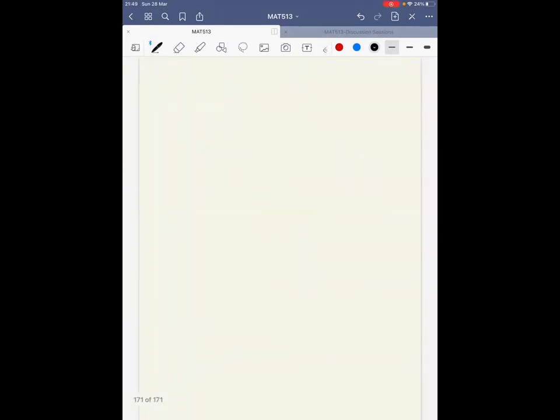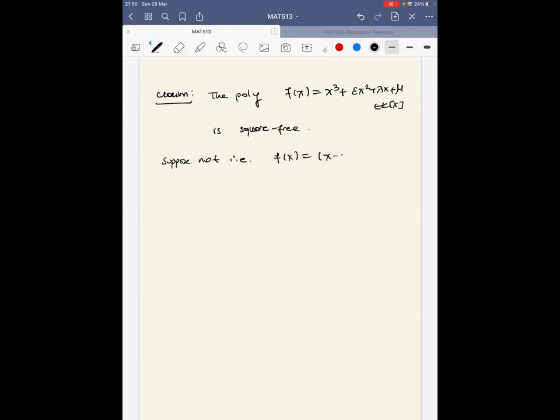And our last claim is that the polynomial we have derived, x cubed plus epsilon x squared plus lambda x plus mu, is square-free, because otherwise, it is supposed that it can be written as the product of one square factor and one linear factor.